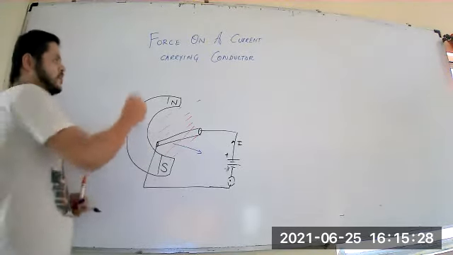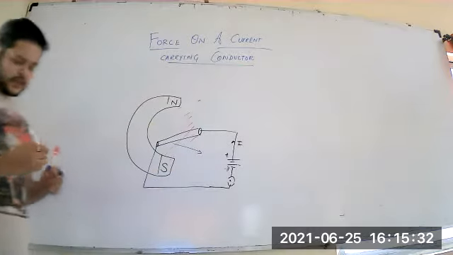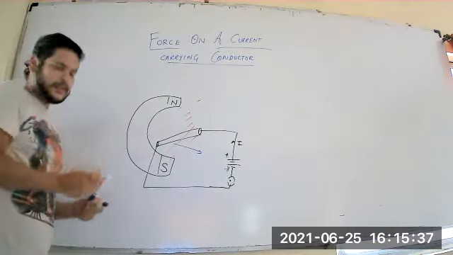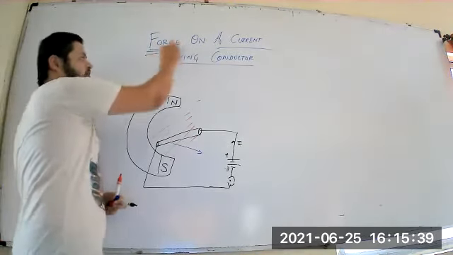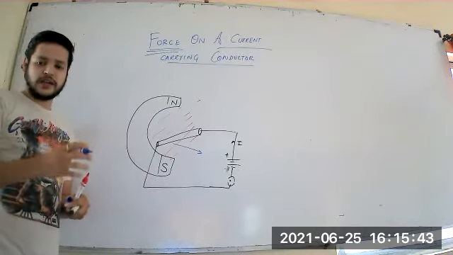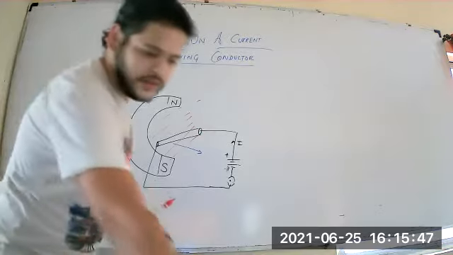So this is how we can say that whenever we place a current carrying conductor in a magnetic field, there is some kind of force which is generated, and this is the force we need to study. We need to know how we can utilize it, how we can find the direction.